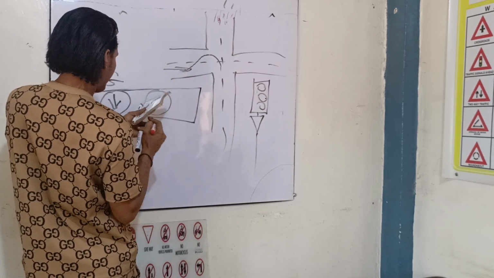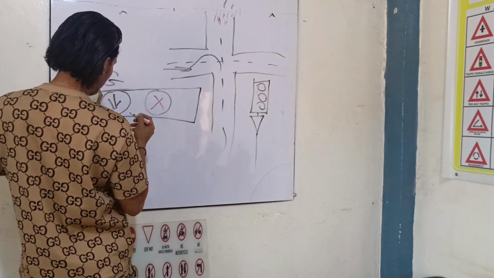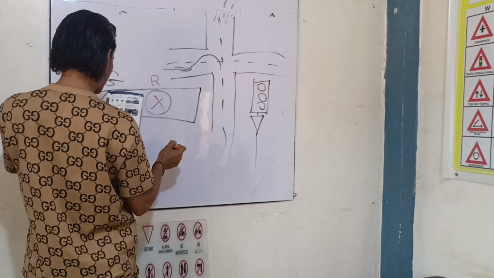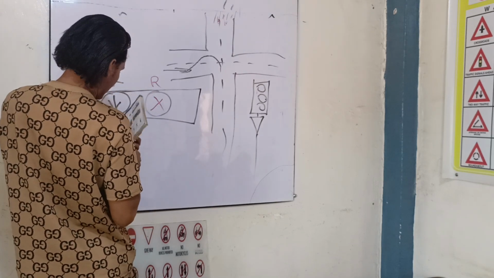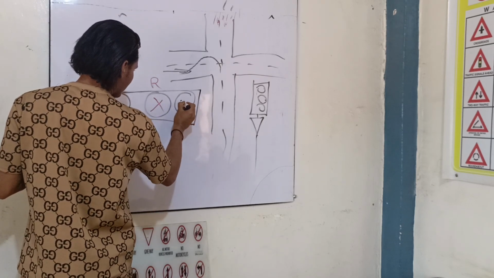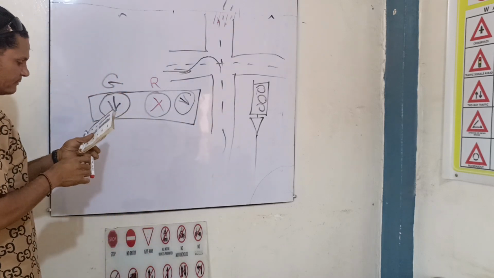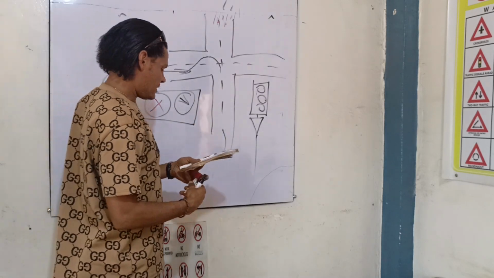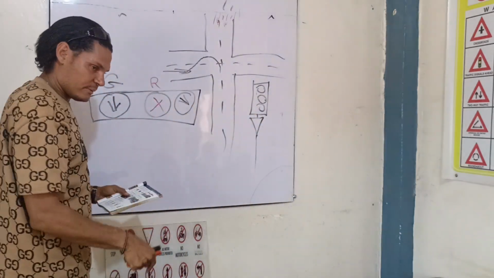That one is red and it's an X, and the X is red. Then we have an amber now, amber color, which is an arrow pointing sideways.